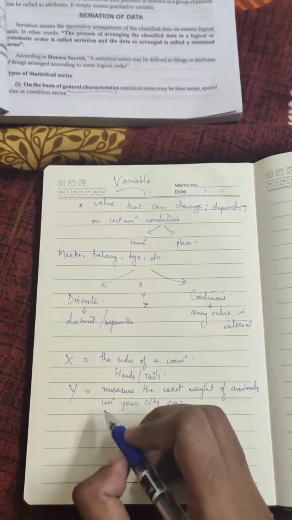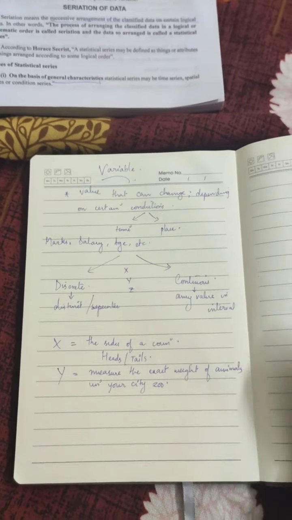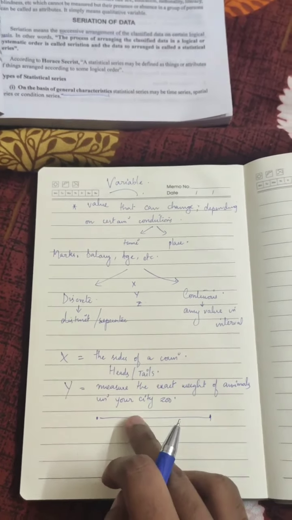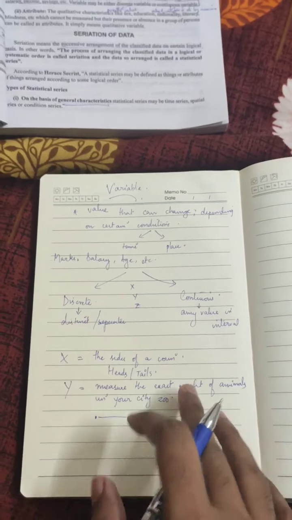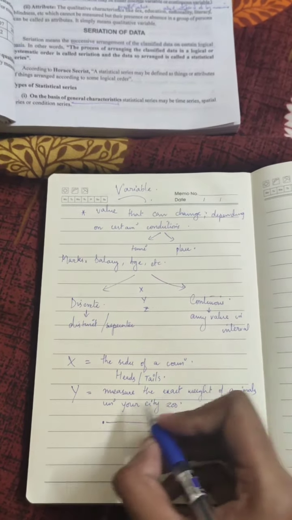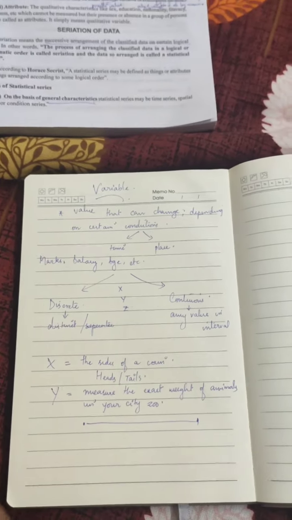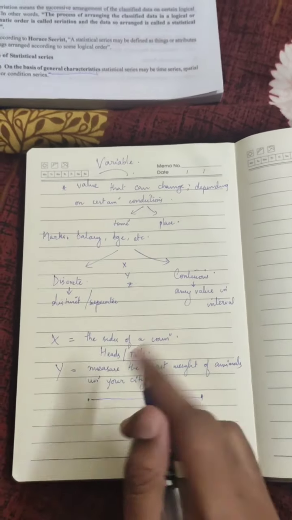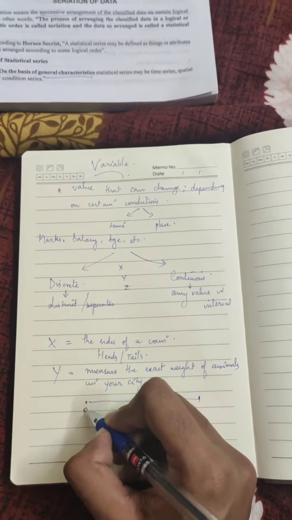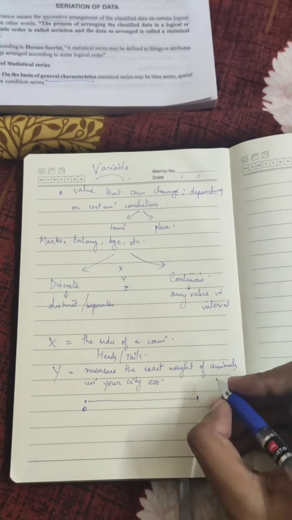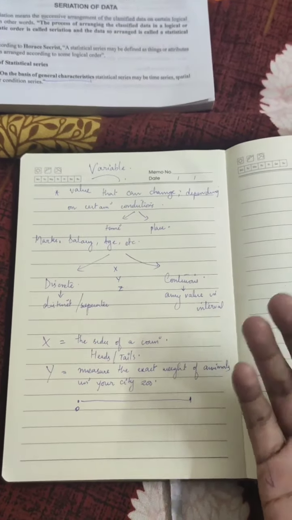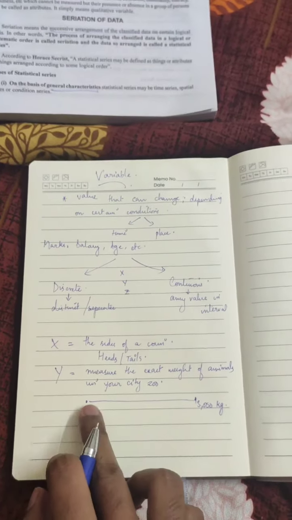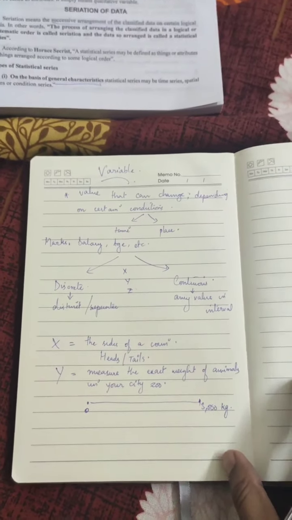Because in a zoo, say in Kochi or in Mysore, you might have information regarding the weight of your animals. There can be an ant or a cat, a tiger, an elephant, etc. Logically, the weight will range from 0 to the highest, an elephant, maybe 3000 kilograms. So your value will be between 0 and 3000 kilograms.